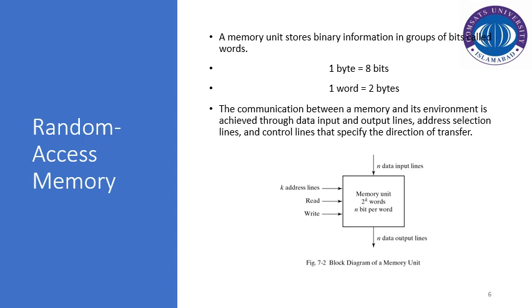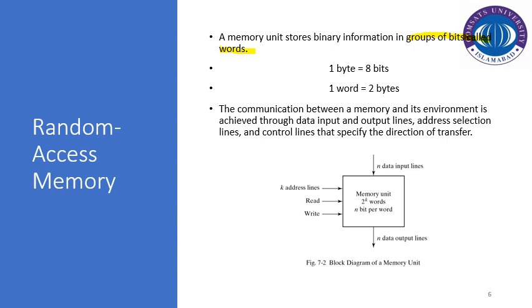But first of all, let us define some of the basic terminologies which we will be using while defining the memory modules. For example, what is the basic functionality of the memory? The basic functionality of the memory is to store binary information, and the binary information is basically represented as a group of bits and bytes. So we have to use some standard terminologies in order to define the memories.